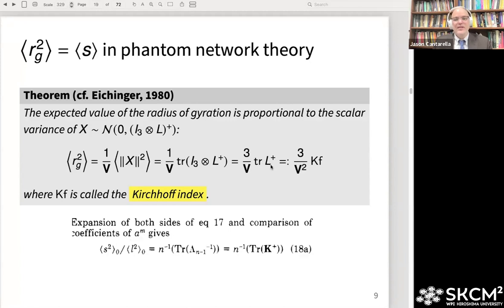And the trace of L plus is related to this thing that became called the Kirchhoff index. So it was certainly known to Eichinger in the 80s. Here's the line from his paper, that the expected radius of gyration was given by 1 over the number of vertices times the trace of the pseudo-inverse of some matrix.